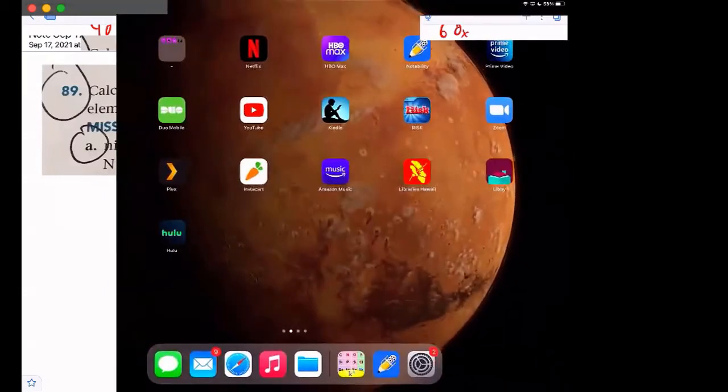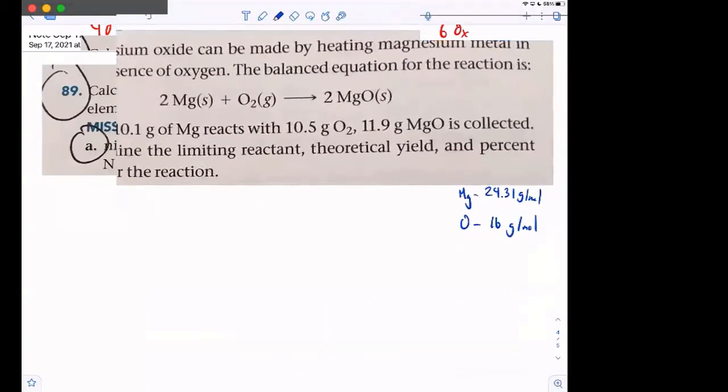I wrote that down from the periodic table in the textbook. So, how do we do this? You figure out the limiting reactant, reagent, however you want to say it. So you have to do both of these. And I'll look at my notes. Yeah, I went down to grams.